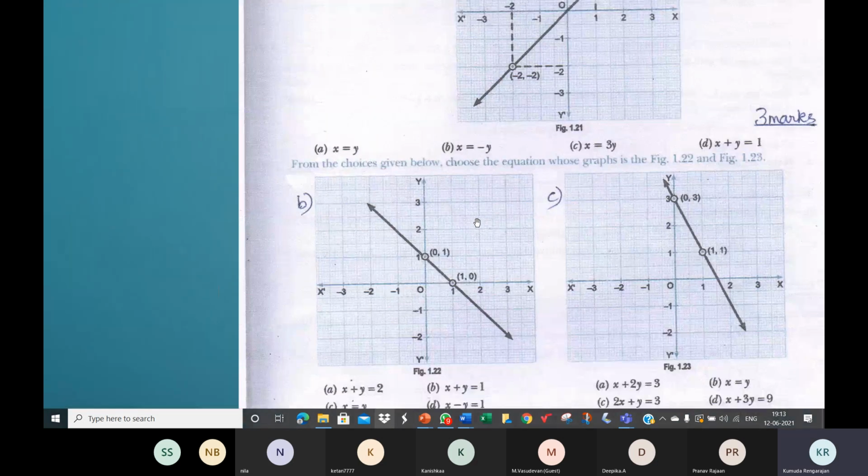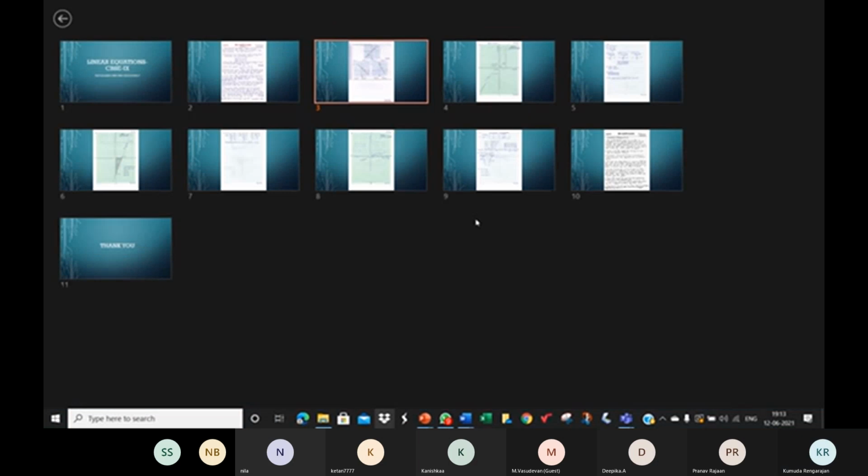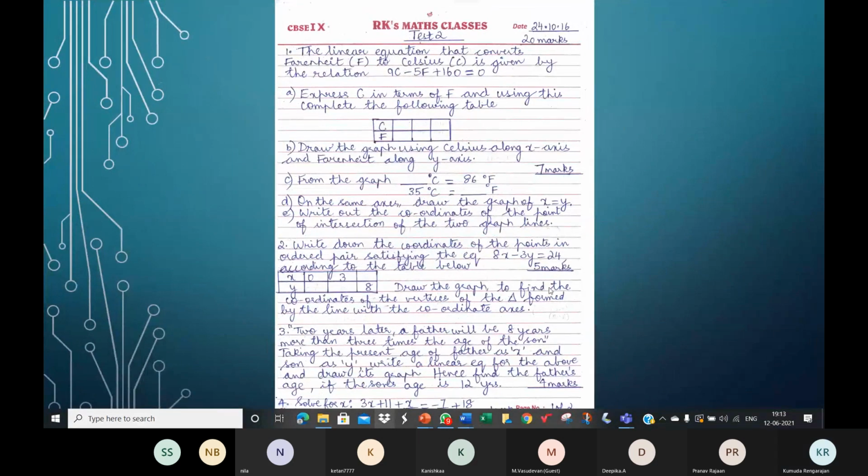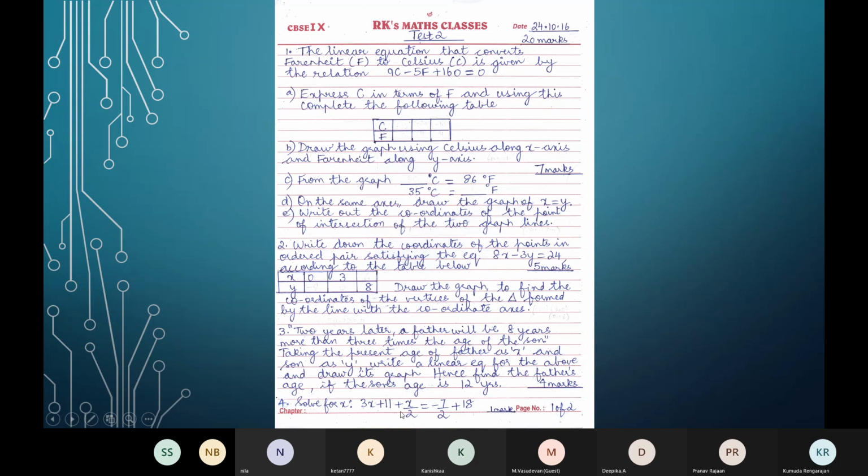Solve this equation. Solve the fourth equation.